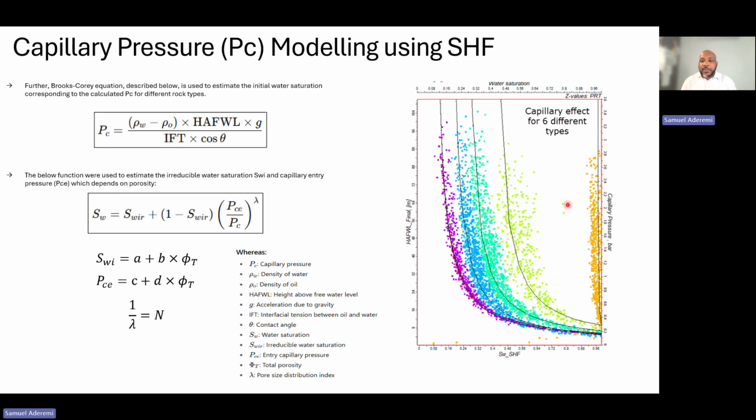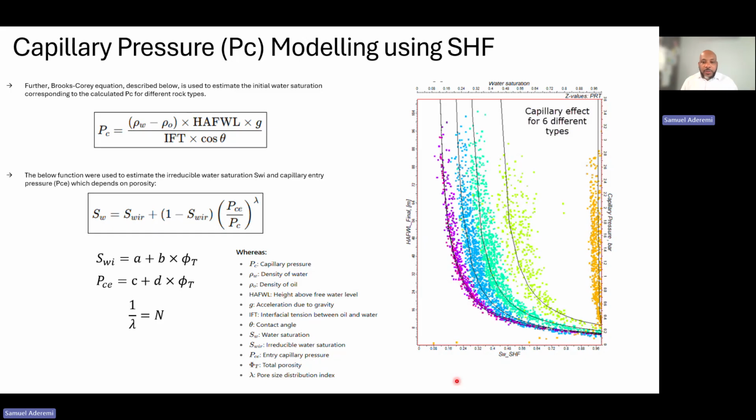Looking at the flow characteristics, we can see that the higher the quality of the rock type, the lower the capillary effects, and the lower as well the irreducible water saturation that is retained in the rock, basically.